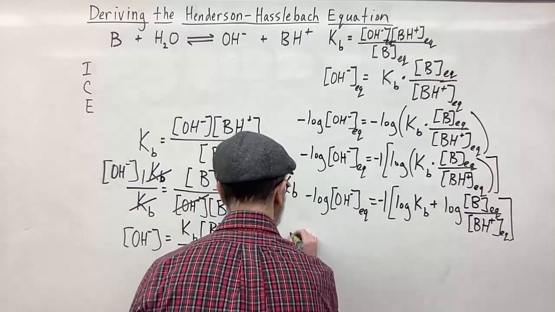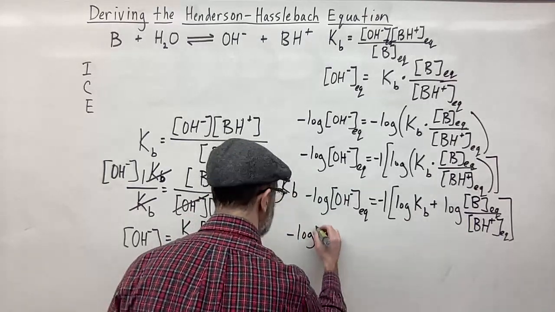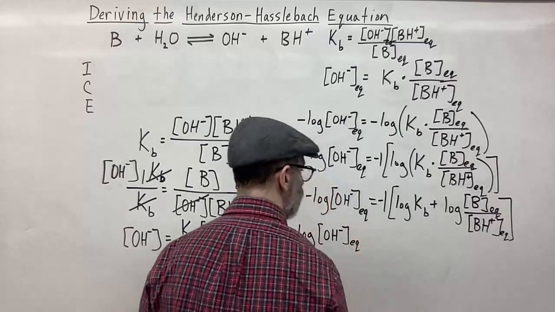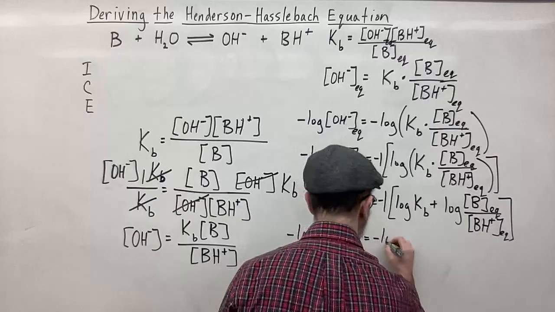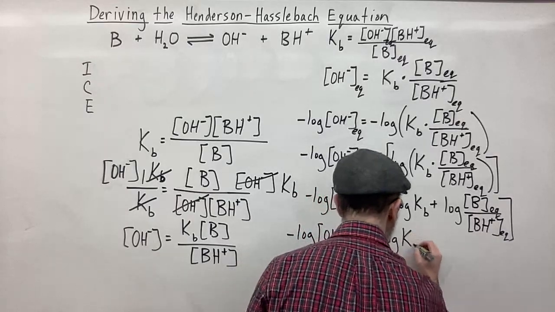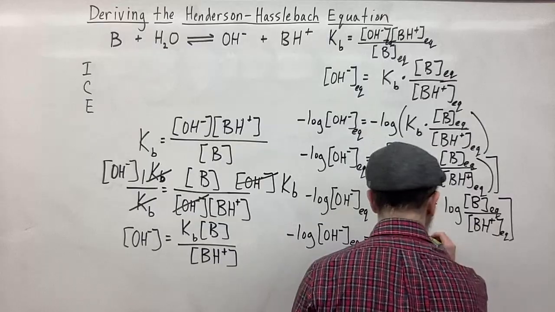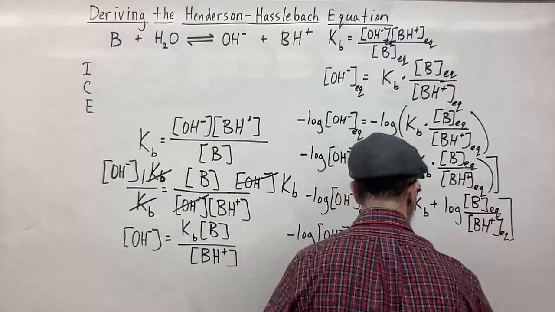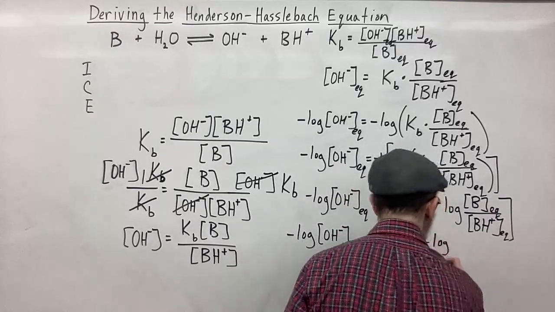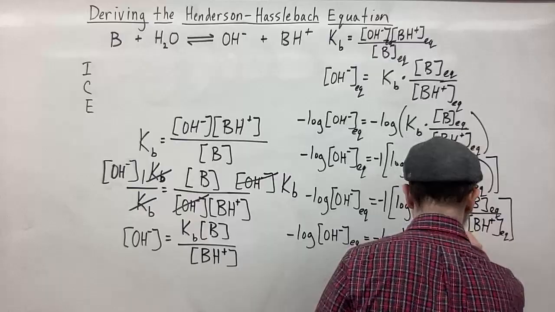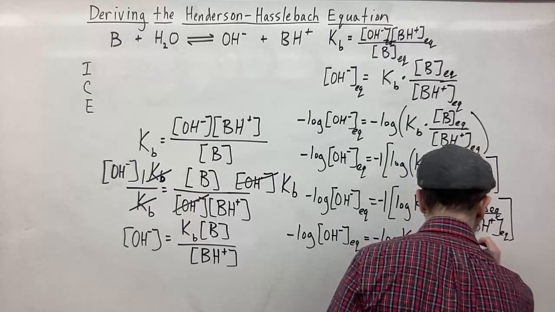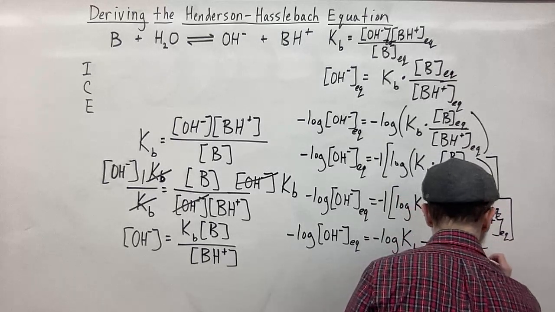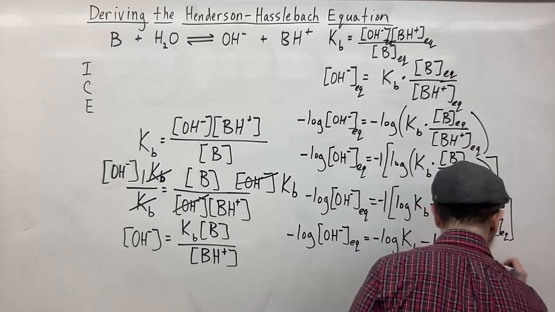So now I have the negative log of the hydroxide ion concentration at equilibrium is equal to the negative log of the Kb, minus the log of the concentration of B at equilibrium over the concentration of BH plus at equilibrium.